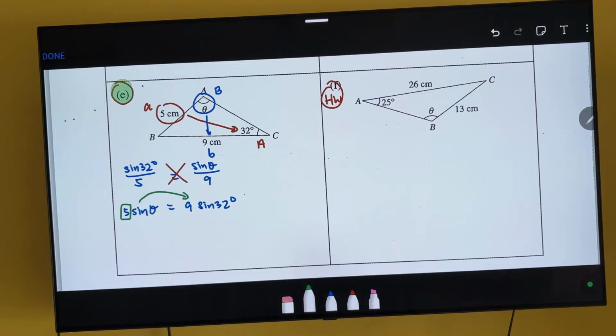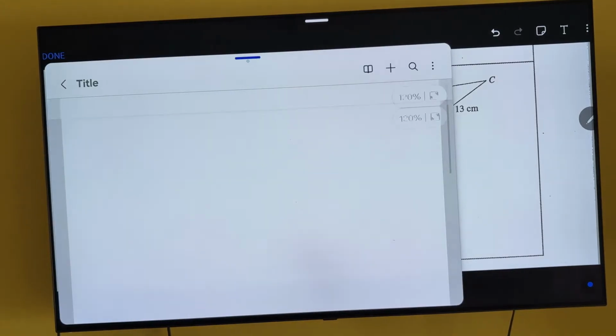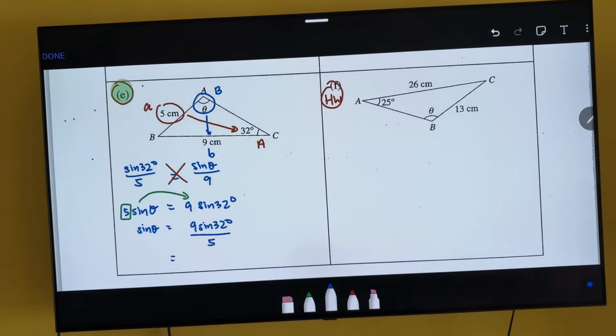Let's bring it over through division. Pardon me. All right, so at this point, you realize we can find our angle.